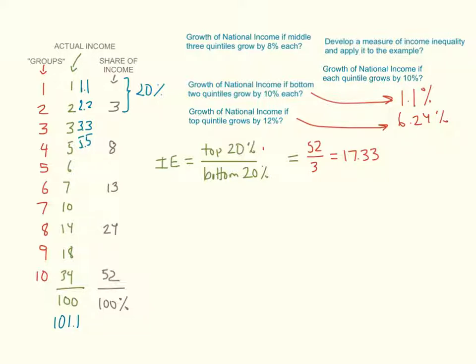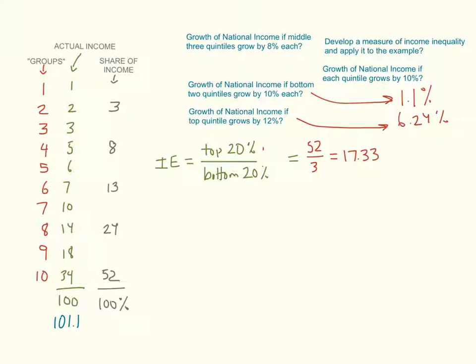But the share of income is going to be quite different. The share is going to change because of the changes in income and everything. We have to recalculate the share. So I'm just going to clear some space here, and I'm going to do it.